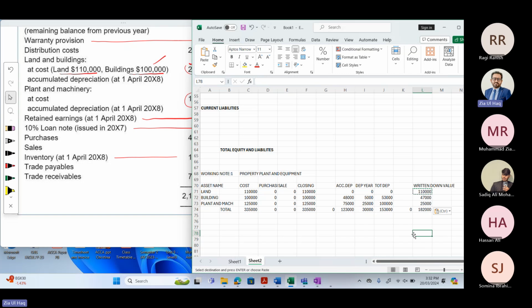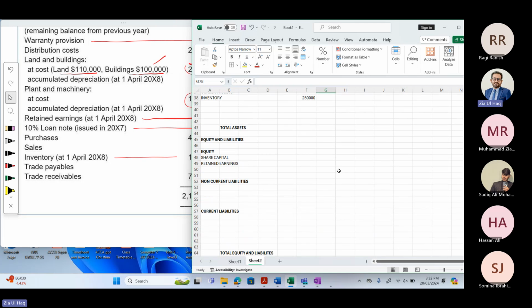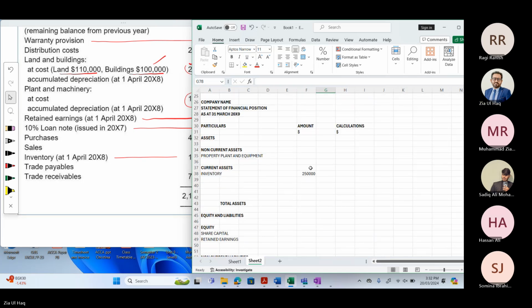So this 182,000 will go where? Property, plant and equipment under non-current assets. We can put this a little bit bold. So this 182,000 figure we can put under property, plant and equipment, 182,000.